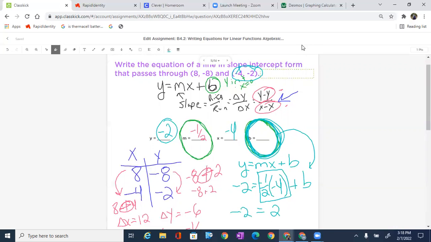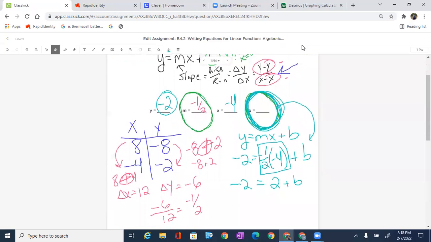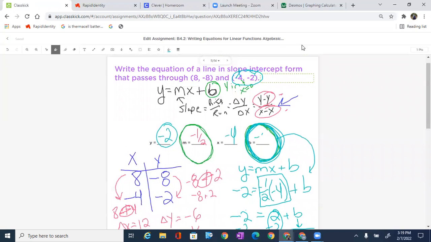Then I'm going to have -2 equals 2 plus b. And then I'm just going to keep solving. I'm going to get rid of that +2 with a -2. 2 minus 2, they're inverses of each other, giving us 0, so b comes down. And -2 minus 2 is -4. So the b value is -4.